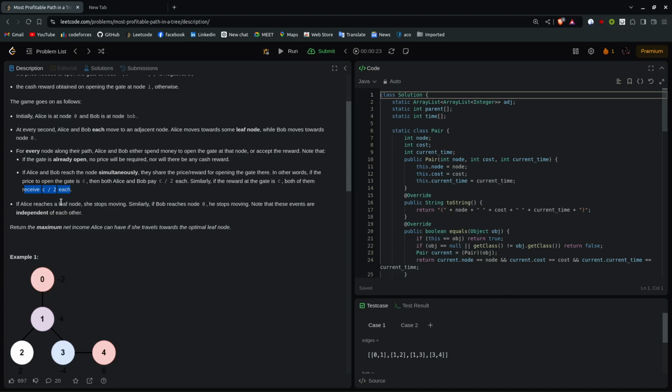And if Alice reaches a leaf node, she stops moving. Similarly, if Bob reaches node 0, which is the root node, he stops moving. One thing to notice here is the note that these events are independent of each other, and you are asked to return the maximum net amount Alice can have if she travels toward the optimal leaf node.